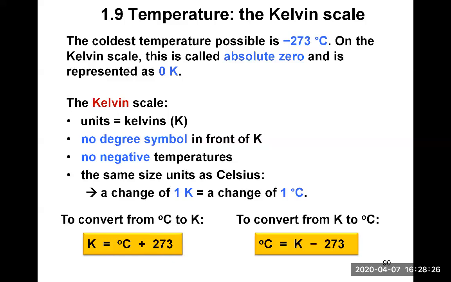So you really see from these equations how Celsius and kelvins are related, and it's just offset by 273 for the kelvins. So again, this equation is provided in the reference for Unit 1.